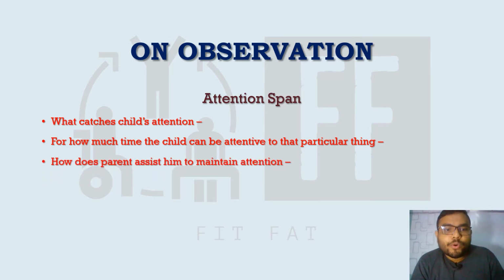Then you need to know how the parent assists him to maintain attention to that particular thing. Then you also need to know what exactly is distracting the child. If it is an event, like an abnormal movement or any posture or any pain, you need to know about that, right?